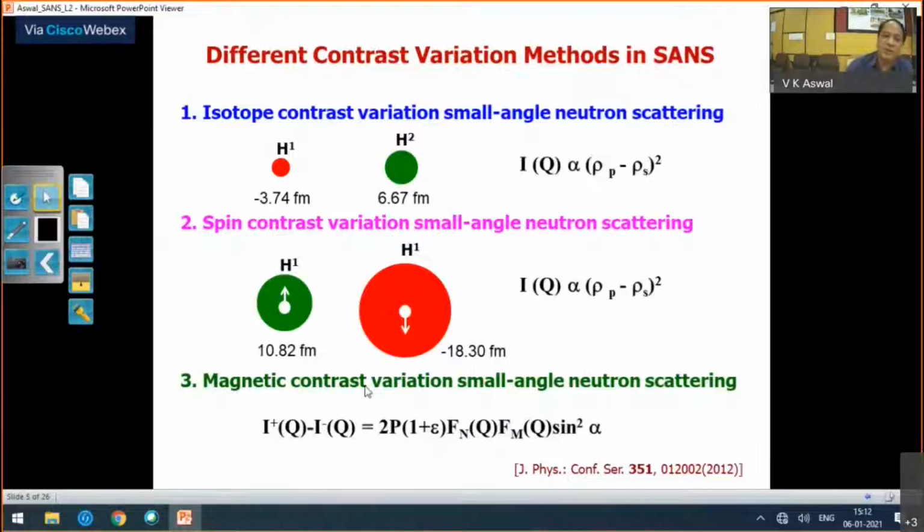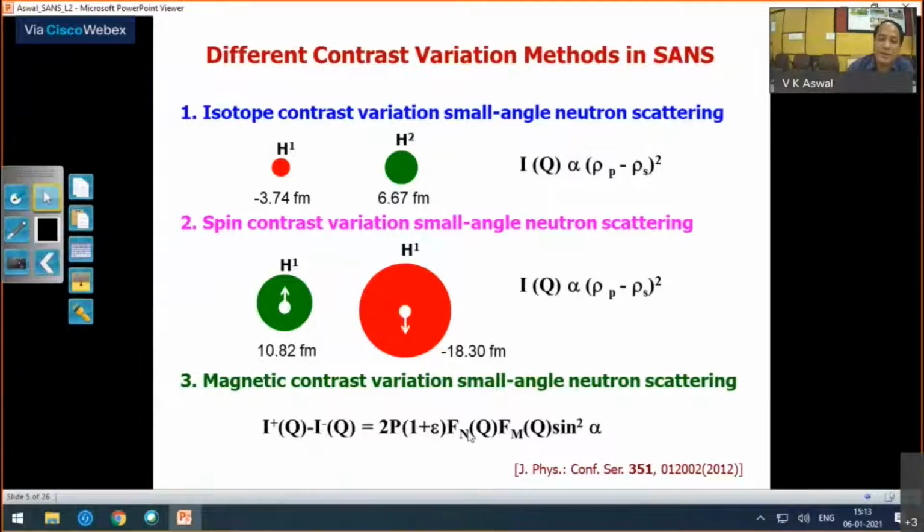Then, as you may have learned, the neutron is the right probe to look at magnetic structures, since it is a small magnet. You can make use of small angle neutron scattering to look at magnetic structure as well as nuclear structures. What you make use of in the case of magnetic contrast variation is polarized neutrons. Polarized neutron means you can measure scattering for two states, plus and minus, or up and down.